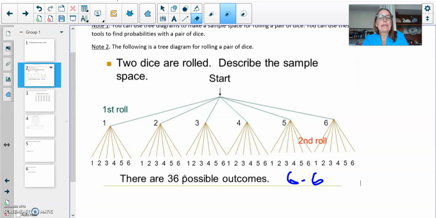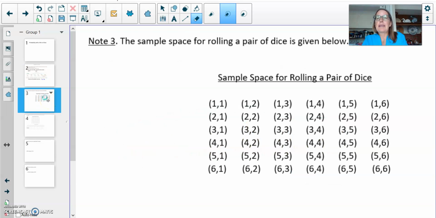When we start tracing the branches in this tree diagram, we can get the sample space. And I like to think about it in this arrangement as a square. The first number in the parentheses represents the outcome on the first die. The second number in the ordered pair represents the outcome on the second die.